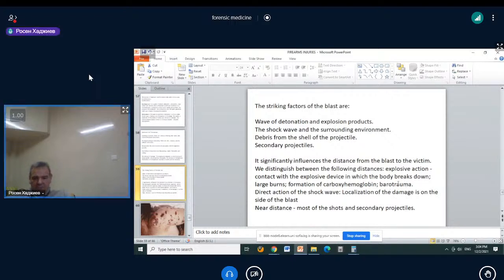If we perform a detailed autopsy, we'll find barotrauma in the lungs. We're talking about direct action of the shock wave when we have localization of the damage on the site of the blast. Near distance: most of the shots and secondary projectiles.